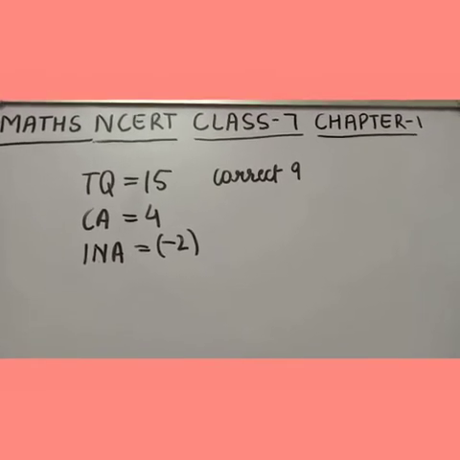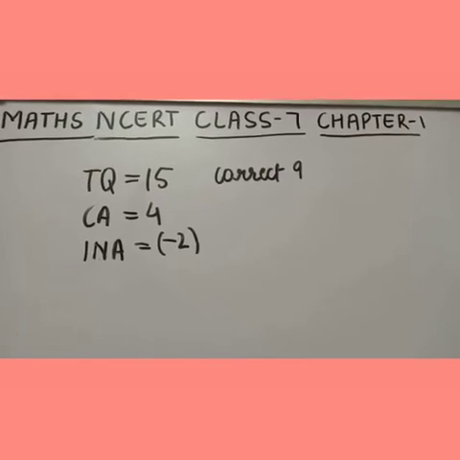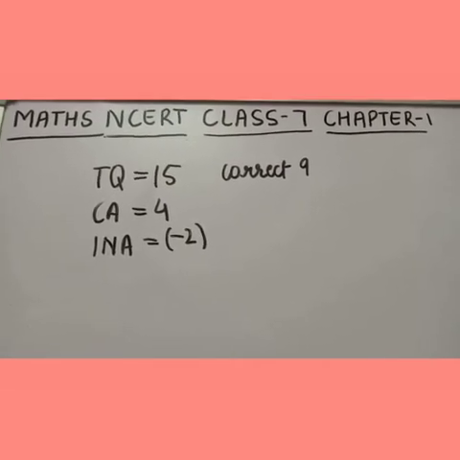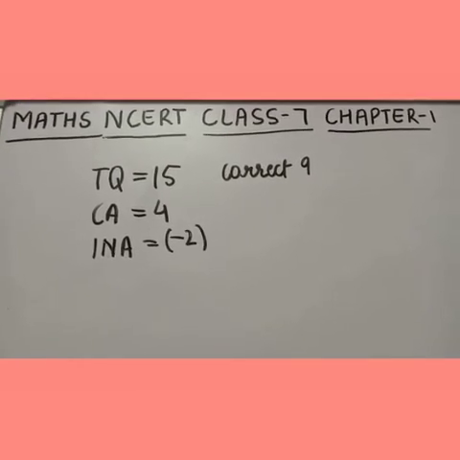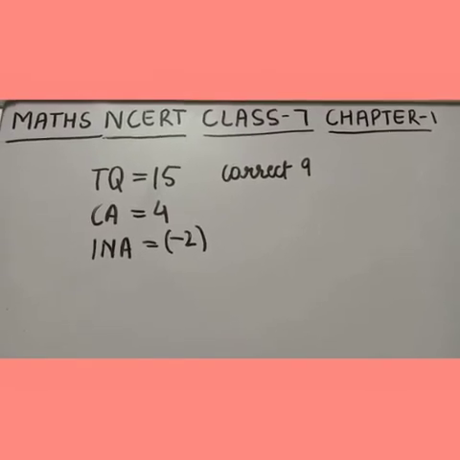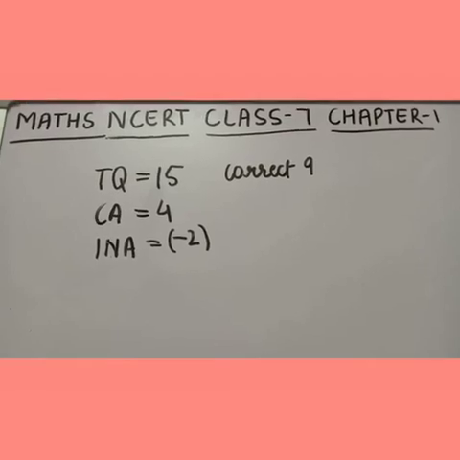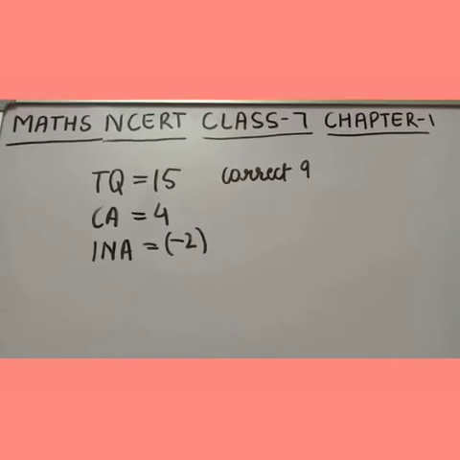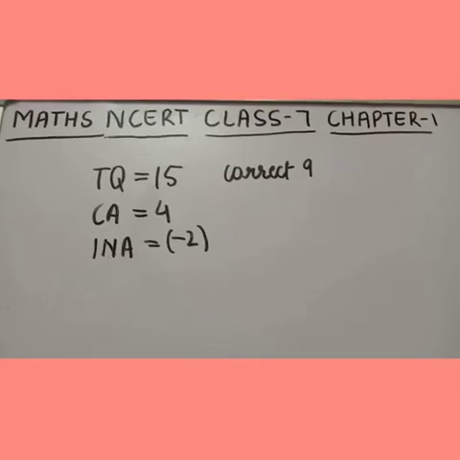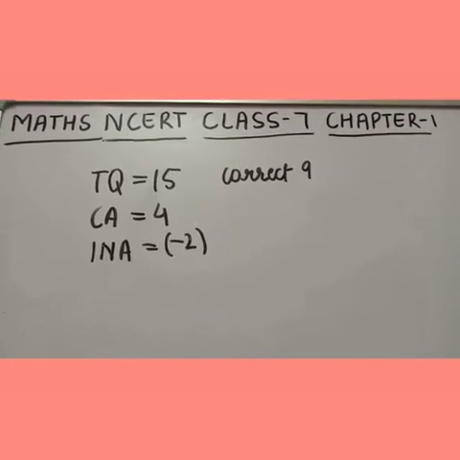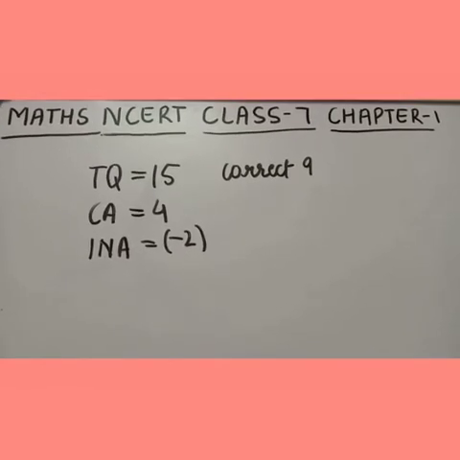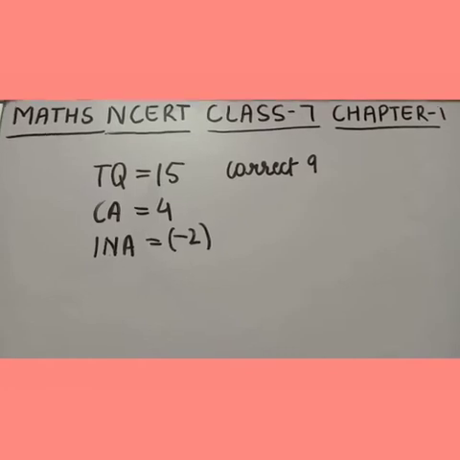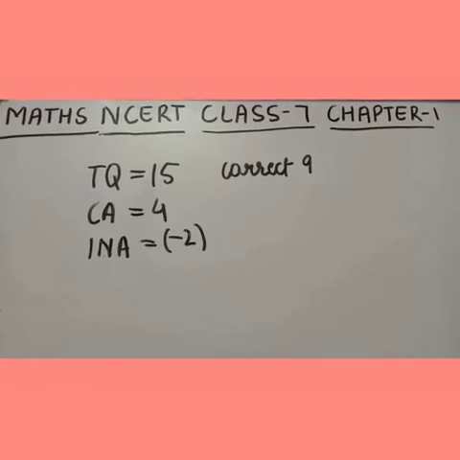We know that total questions were 15 and the marks given for every correct answer is 4. Then marks given for every incorrect answer is minus 2. And we also know that Gurpreet has attempted all the 15 questions, but only 9 of her answers were correct. Now we don't know how many answers of Gurpreet are incorrect. So first of all, we will find out the incorrect answers of Gurpreet.